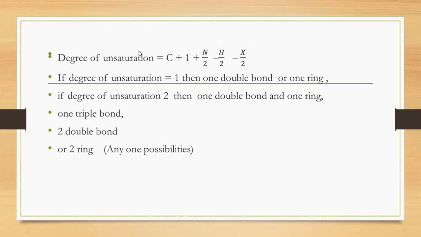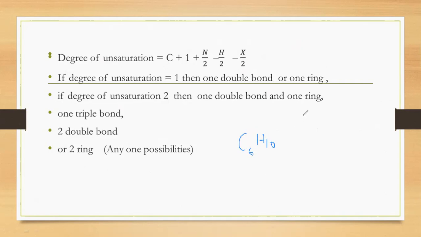They may ask like this: C6H10. How many pi bonds are present? How many double bonds are present? How many rings are present? Like that can be asked.